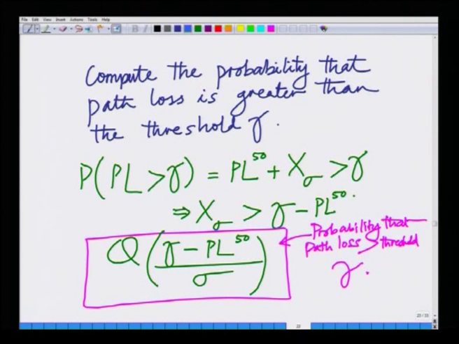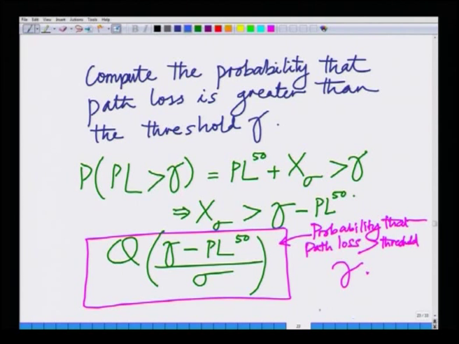The probability of that is given by the Gaussian Q function, which is Q of (gamma minus PL50, the mean path loss) by sigma. This is the probability that, because of log normal shadowing, the path loss is greater than this threshold gamma. Let us start from here and continue this discussion.